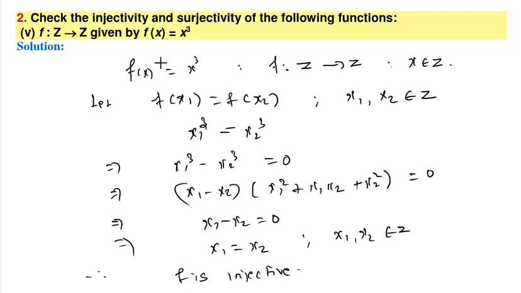And to test the surjective nature, the onto function, if the image is a cube number, then x may not always be an integer. For example, let x cube equal to 2, where 2 is y belonging to integers.